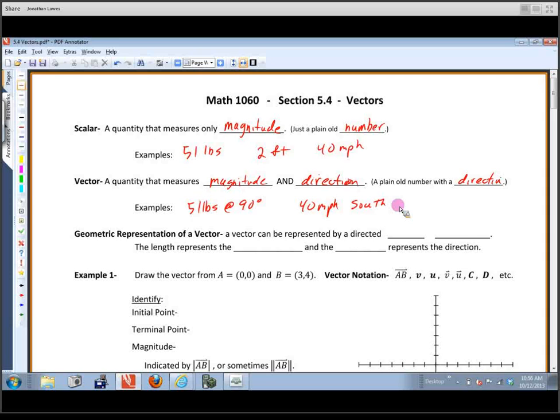And vectors are very useful. We're going to learn some applications of these in the next section in 5.5, but for now we just want to get used to the notation, the vocabulary, how we can represent them and that sort of thing. So the nice thing about a vector is it's got a nice geometric representation. A vector can be represented as a directed line segment.